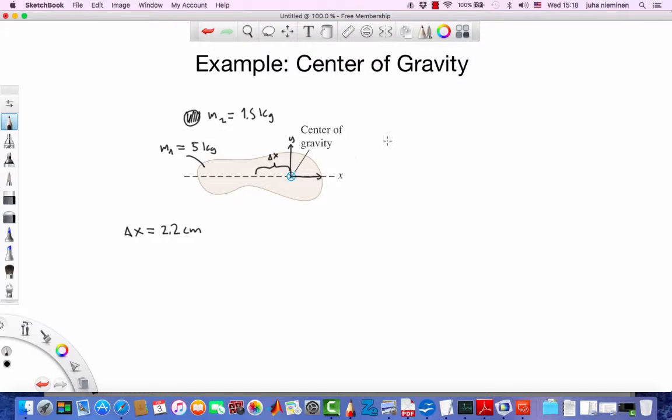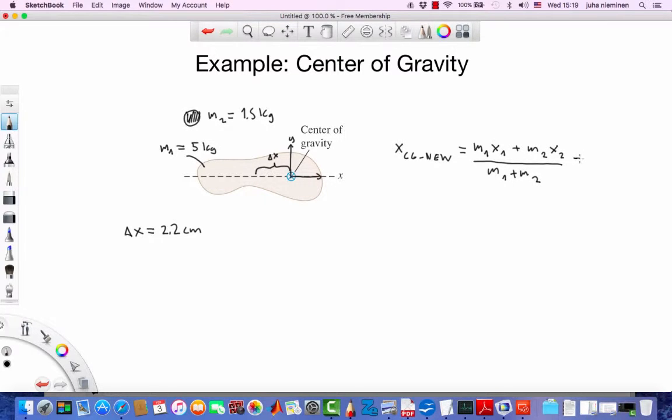We solve this by remembering the definition of the center of gravity, or its location, in the x direction. So x cg new is the weighted average of these two masses: m1 times the center of gravity of object 1, and then the mass of object 2 and its center of gravity, divided by the total sum m1 plus m2.